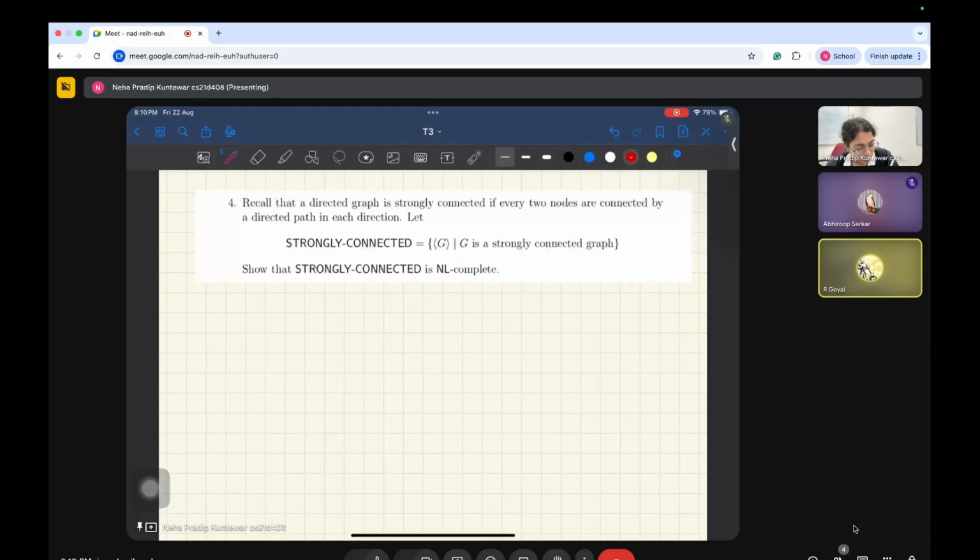Then if I can reduce the path problem, the reachability problem, which was NL complete, to this, then we can prove this thing.